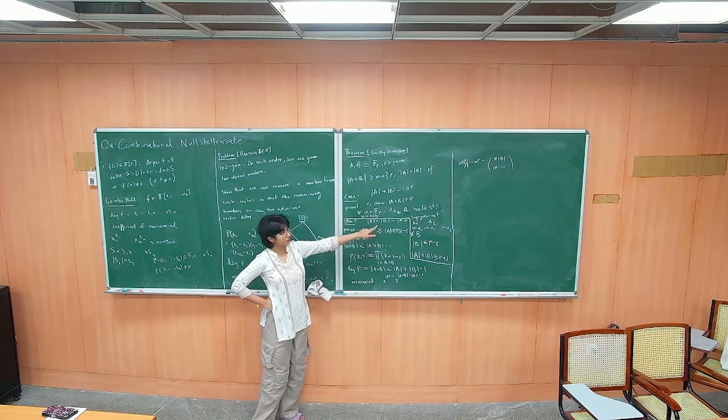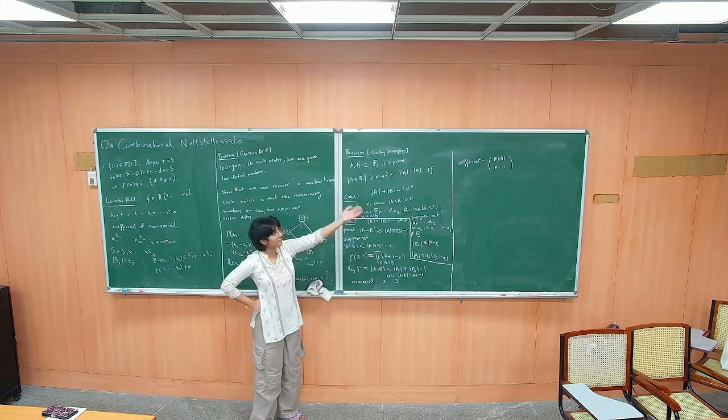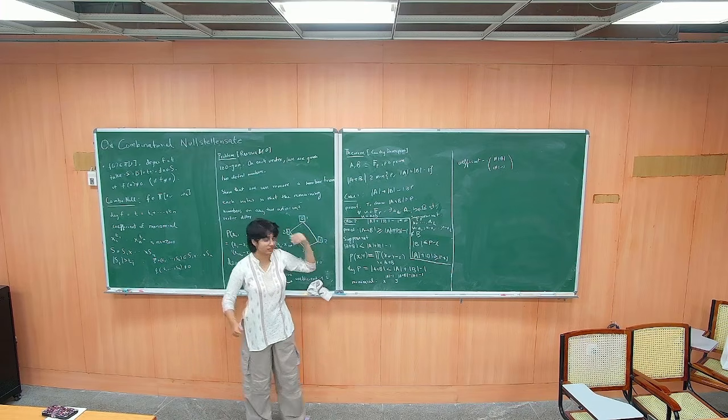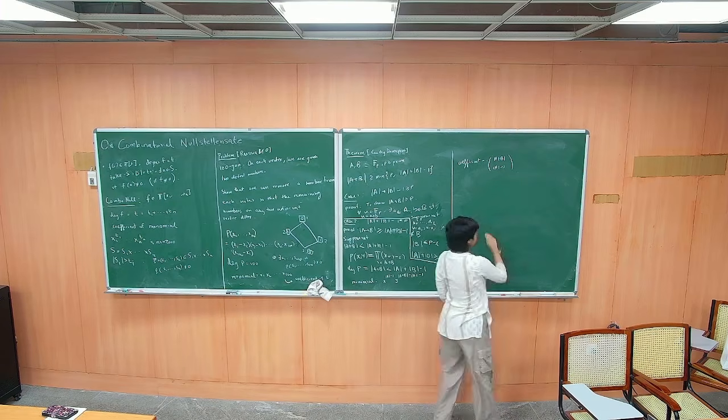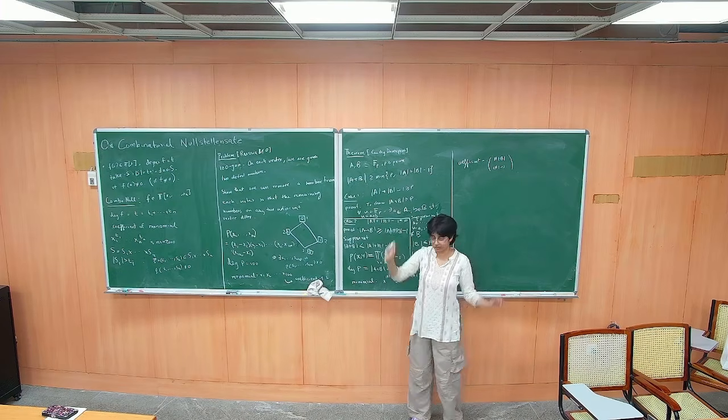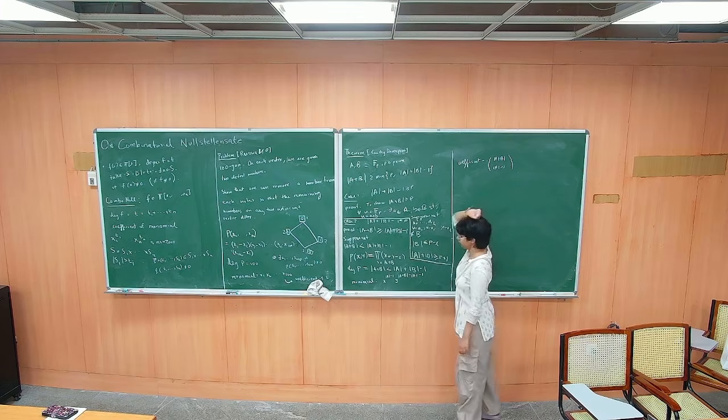So p can't divide that object. So it's non-zero. And here we are using the fact that we are working in F_p.